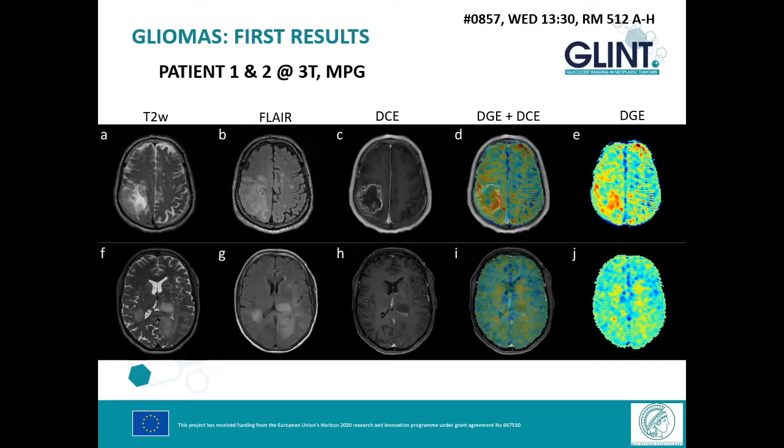You can see the tumor on T2, you can see the tumor on FLAIR, and with the dynamic contrast enhanced, you can look at the ring-enhancing area, while in this case it is not enhancing. And you do get a signal in the case of the high-grade glioma, but not in the case of the non-enhancing tumor.